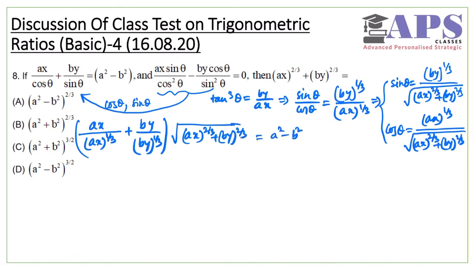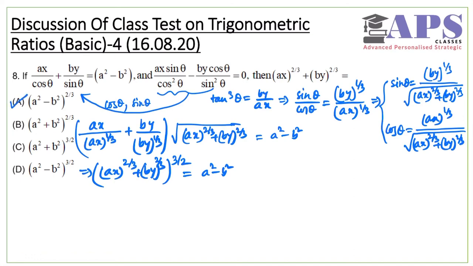That is the relation now. So this one is nothing but AX to the power 2/3 plus BY to the power 2/3 from the first bracket, and also inside the square root we have the same thing, so this to the power 3/2 will be equal to A square minus B square.